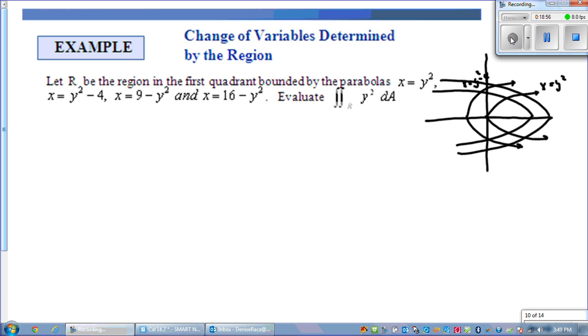Okay, so that region would be in here. Okay, so that's our region R.